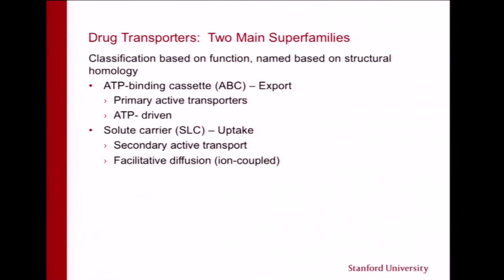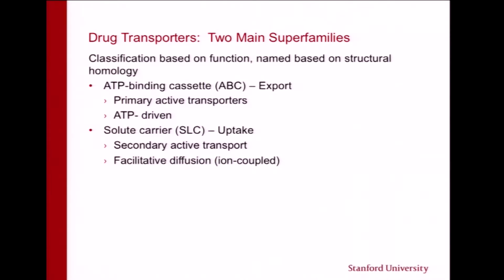There are two main superfamilies of drug transporters. They're classified based on their function, and they're named based on their structural similarities. So the first type are the ATP binding cassettes, or the ABC proteins. And these are mostly involved in export. So they are primary active transporters, which means that they have to bind and metabolize ATP to move a compound from the inside of a cell to the outside of a cell.